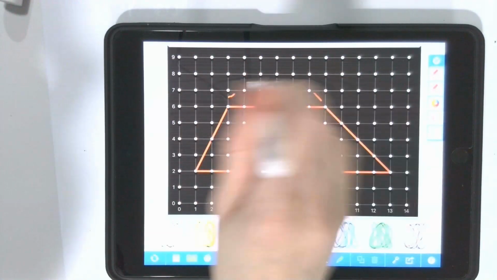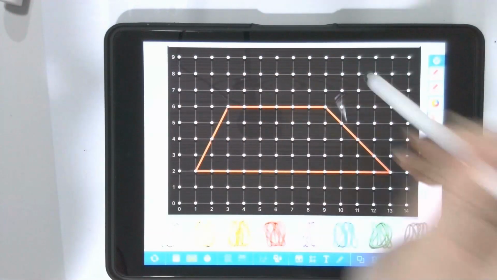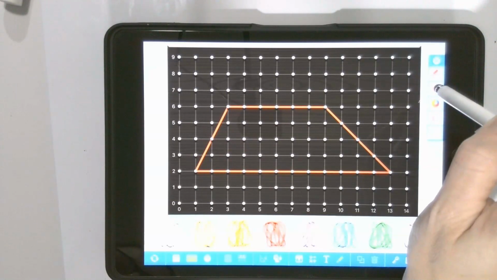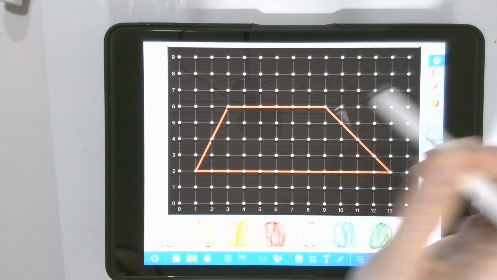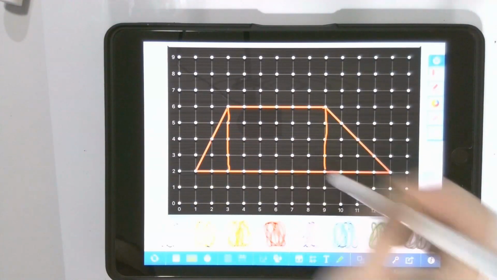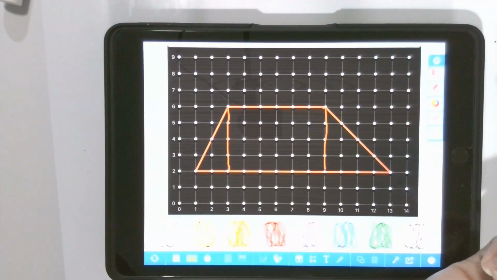So how do we figure out the area of a trapezoid? Well, it's still a quadrilateral. So we need to be thinking about base and height, but there's a couple of strategies here. One strategy would be to decompose this into shapes that you're familiar with. So here's two triangles and a rectangle.